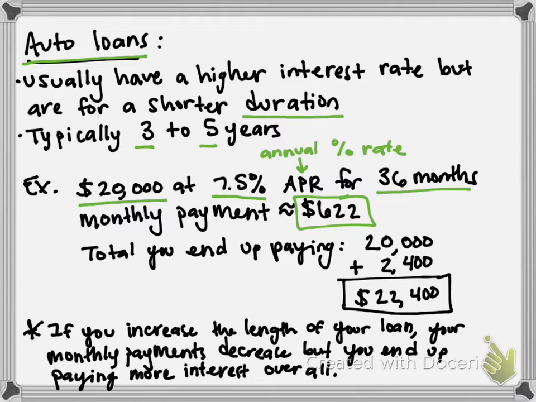So the total you'll end up paying is the $20,000 that the car costs and about $2,400 in interest. So for 3 years, you're going to pay $22,400. If you increase the length of your loan, let's say you went up to a 5-year loan instead of a 3-year loan, your monthly payments will decrease, but you end up paying more interest overall.